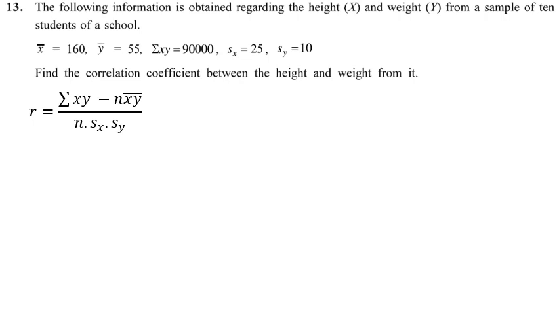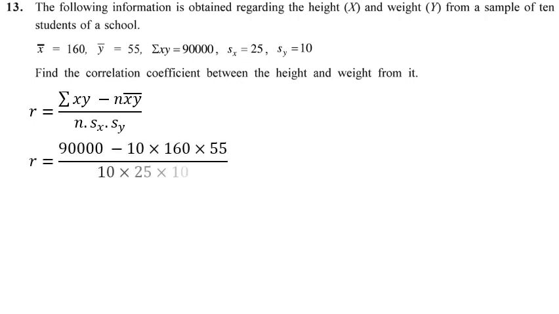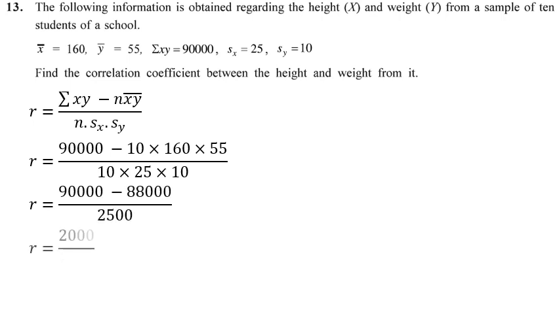If you don't know what's happening with this formula, revert back to one or two tutorials before, the second tutorial of this chapter, in which I have explained all the necessary formulas. Put the values, multiply the values, subtract the values, and you will get an exact 0.8, a high degree of positive correlation.